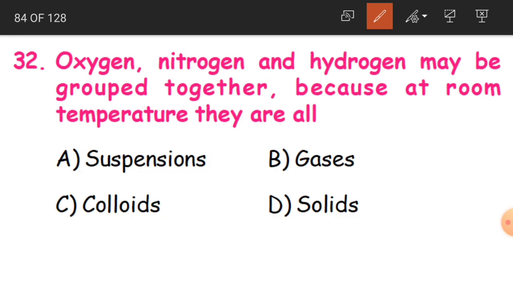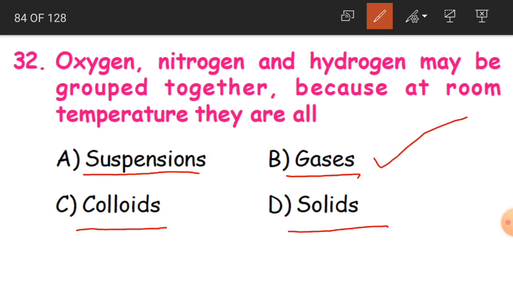Because at room temperature they are all suspensions, gases, colloids or solids? These are gases at room temperature. We breathe oxygen, children, so this is a gas.